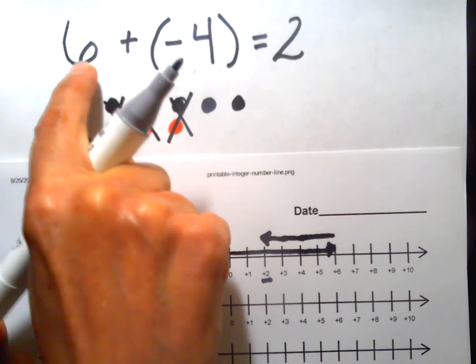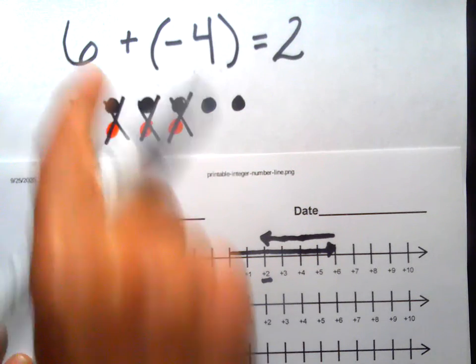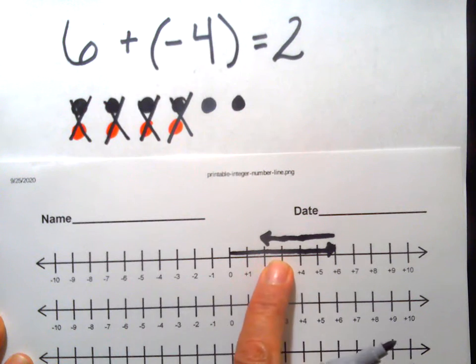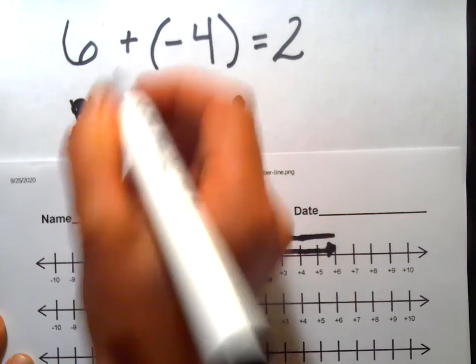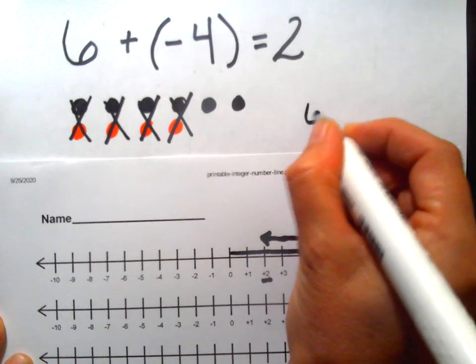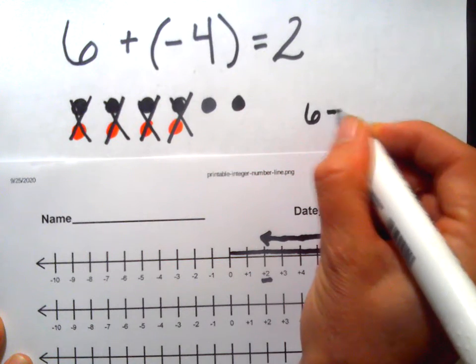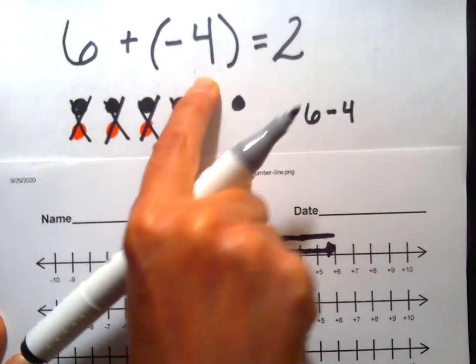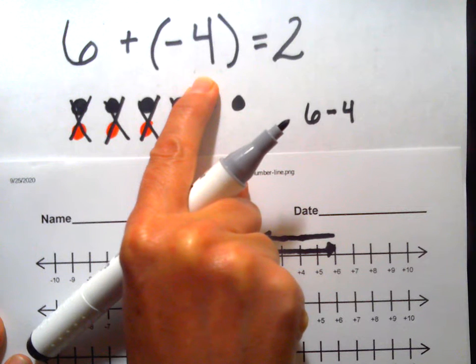I know it's going to be positive because this had more chips, or had the longer line on the number line. So you take the absolute value of both numbers. So basically, absolute value of 6 minus the absolute value of negative 4. The absolute value of negative 4, that's saying how far is it from 0 on the number line.